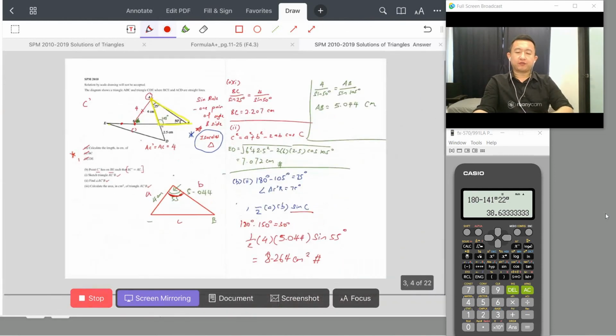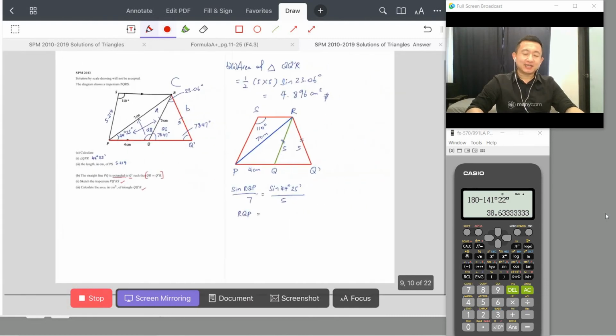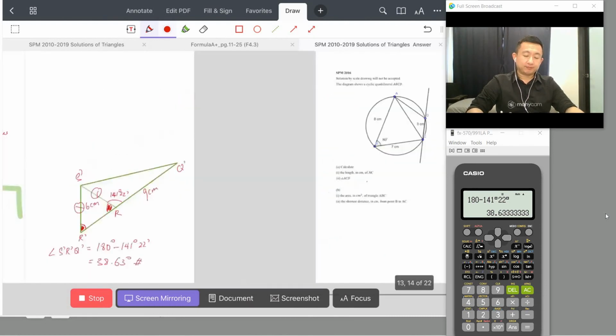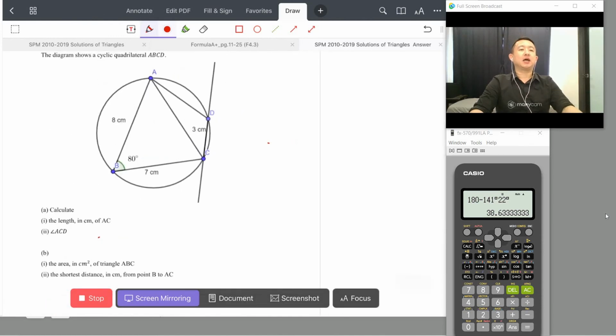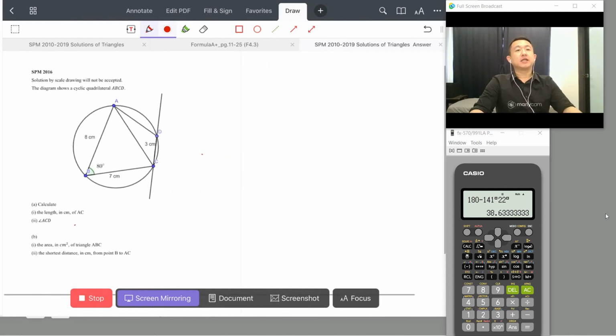And what do we have? In the next lessons, I will talk about 2016. Now 2016 is a different kind of question for solution of triangles. It is neither an ambiguous case, nor is it on 3 dimensions.